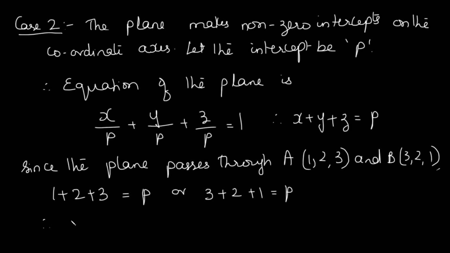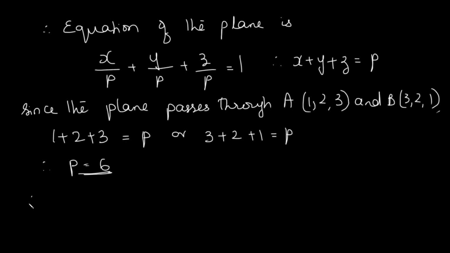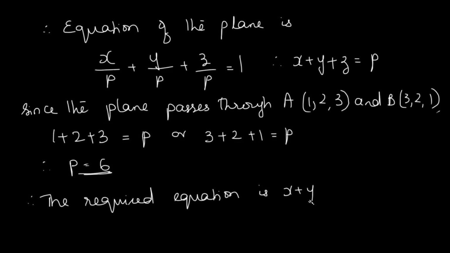So in either case p becomes 6, and therefore we can write the equation of the plane as x plus y plus z is equal to 6. So this is the other equation of the plane. So these are the two required equations of the plane as asked of us.